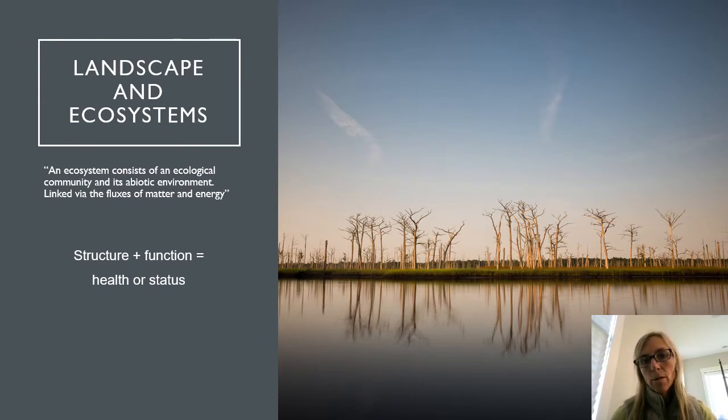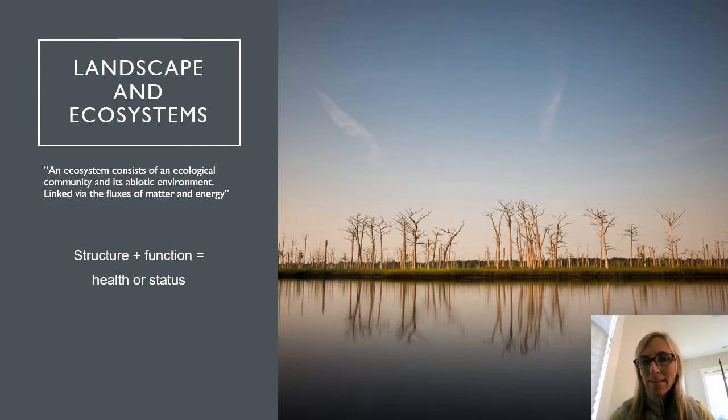And generally we think of landscapes as being the next hierarchical scale above an ecosystem. So we think of the two in this discipline as different, although in practice you will hear the two merged at some point.